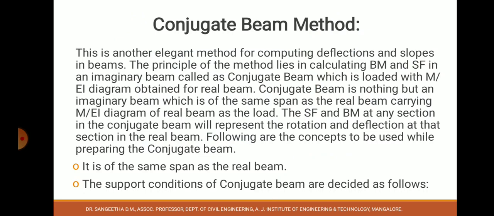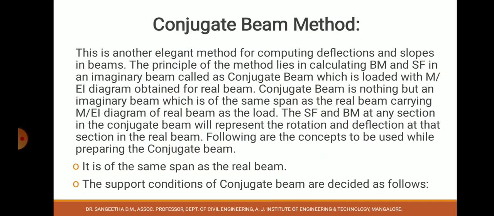Conjugate beam method is another elegant method for computing deflections and slopes in beams. The principle of the method lies in calculating bending moment and shear force in an imaginary beam called the conjugate beam, which is loaded with the M/EI diagram obtained for the real beam.